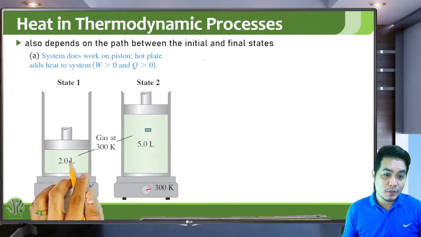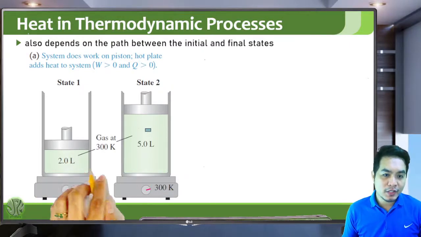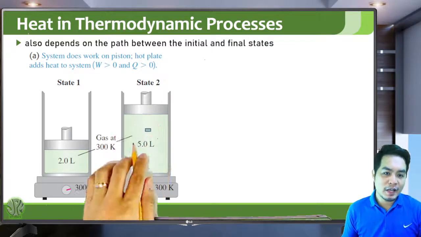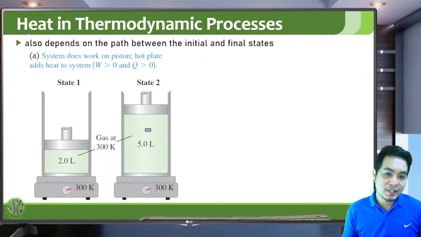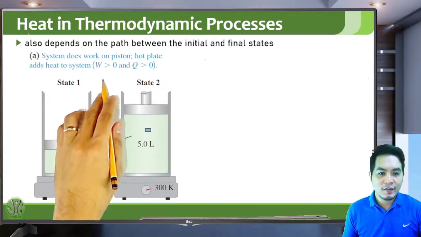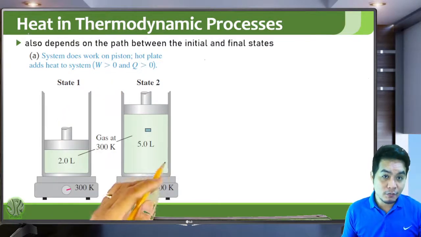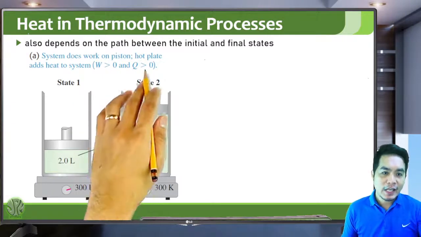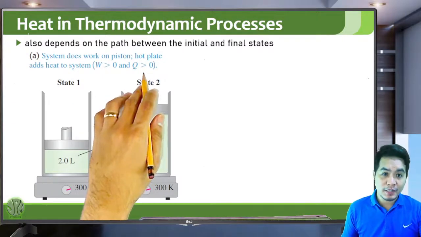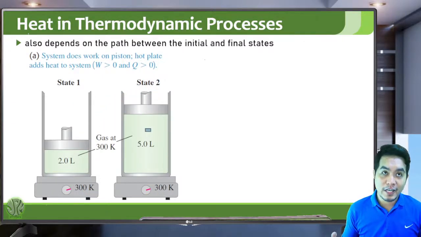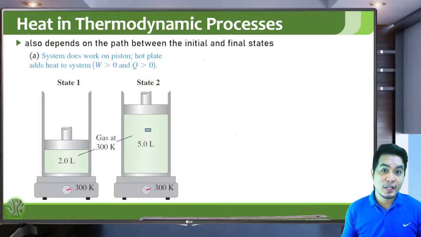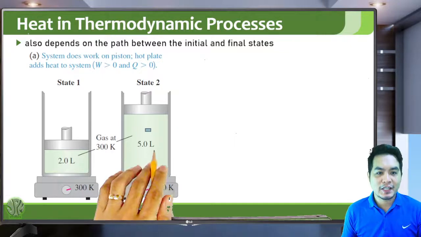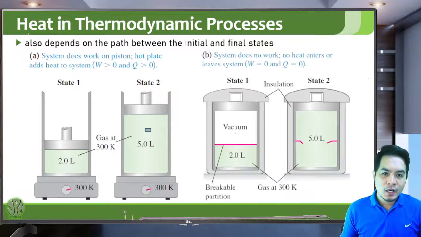So the gas absorbs heat, which makes its volume change from 2 liters to 5 liters, but its temperature remains at 300 Kelvin. In this case, there's work done because there's a volume change. So the work done by the gas is positive, and the heat absorbed by the gas is also positive because heat is absorbed by the gas. So in this case, both the work and the heat are positive.